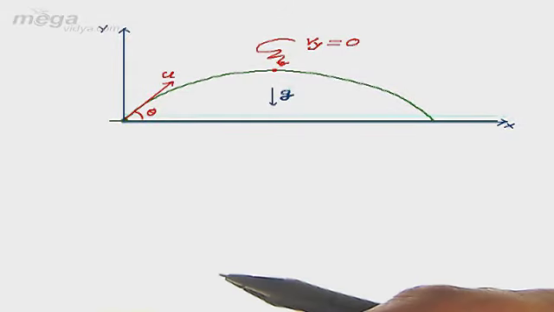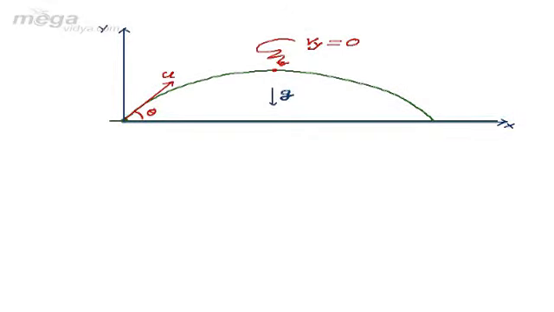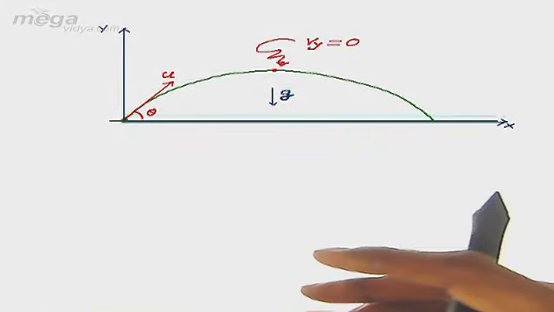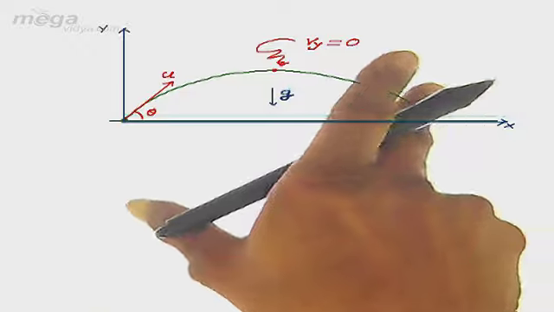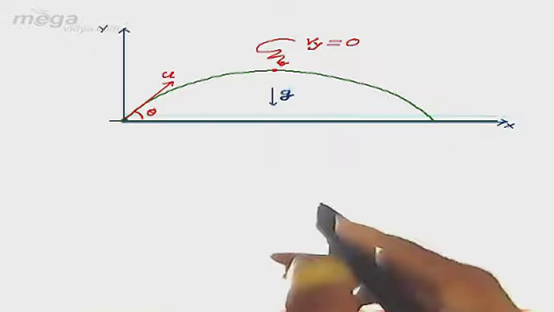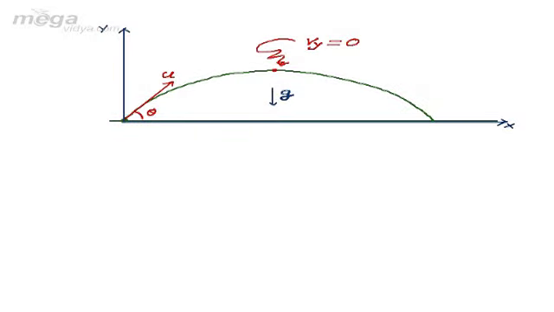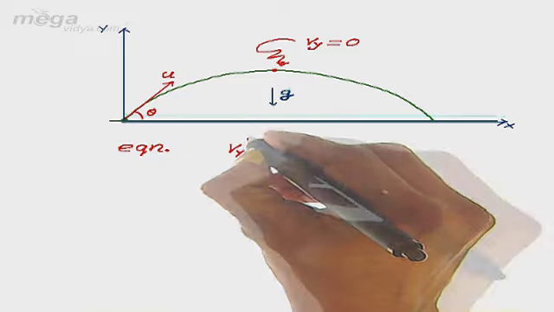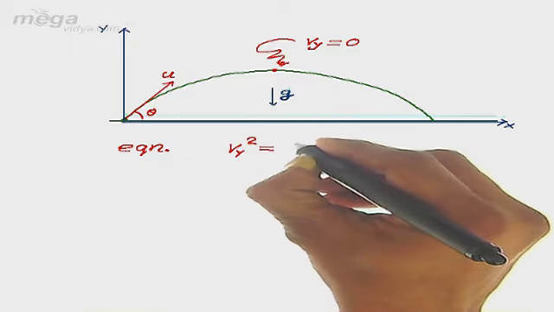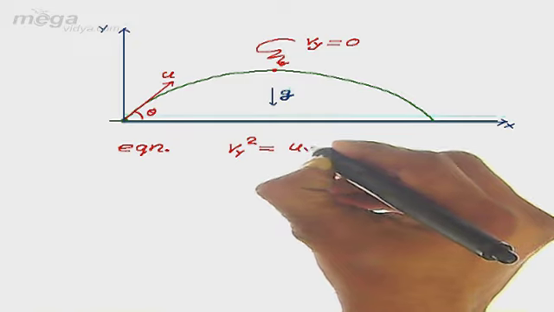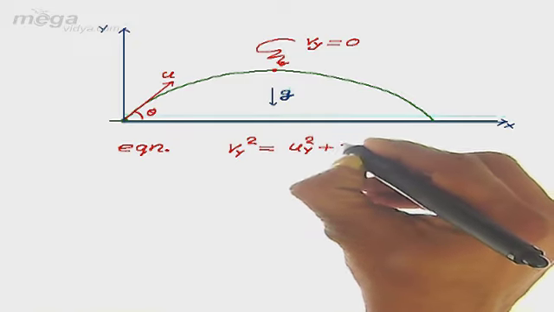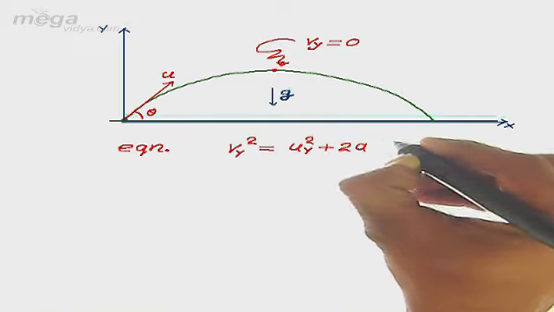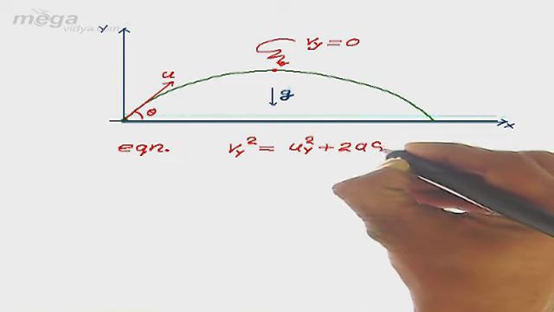Here, by conserving the energy, we can easily get the velocity in y direction to be 0 at maximum height. So we will use the equation Vy square equals Uy square plus 2 times the acceleration into displacement s.